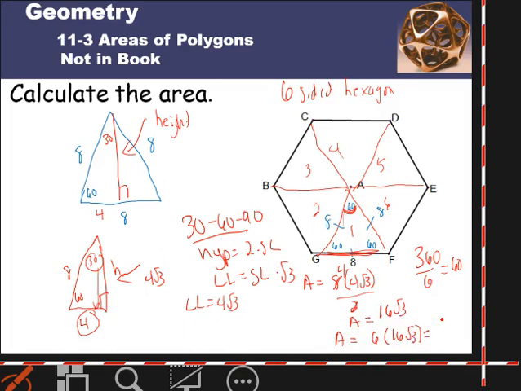And I get 96 radical 3, and that's the exact answer. And then if I just plug that into the calculator, 96 times the square root of 3, I'm going to get 166.3.